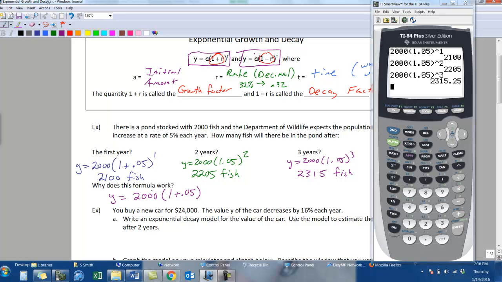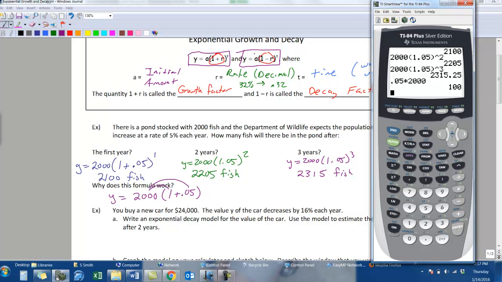So after our first year, if we were to distribute the 2,000, we'd get our original 2,000 fish back, but then we'd get a 5% growth on that 2,000 fish, which would be 0.05 times 2,000 fish, and that's our extra 100 fish. You add those together, and that's where our 2,100 comes from.